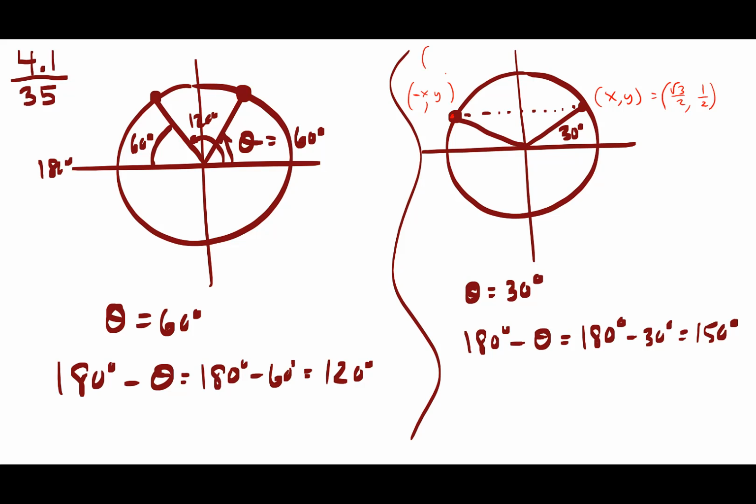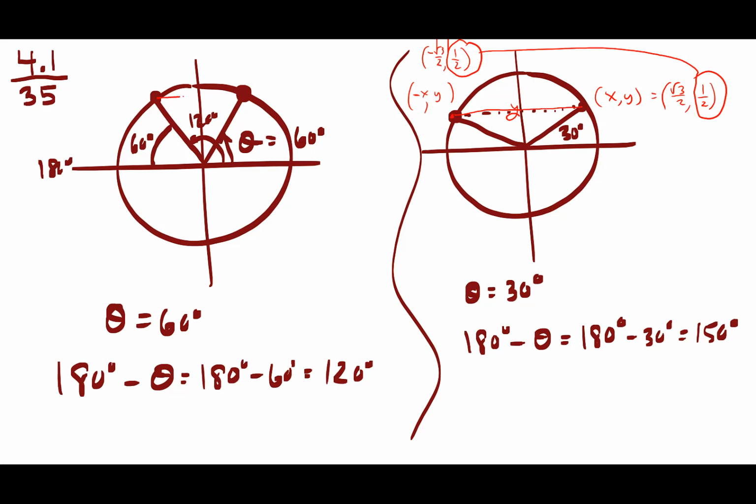So particularly for 150 degrees, it becomes negative square root of 3 over 2, comma 1/2. And this is what they're trying to say: notice the sine value or the y coordinates. So notice the y coordinate here and the y coordinate here. They are exactly the same, because if this is the y coordinate right here, it's true for both. It's the same for both.